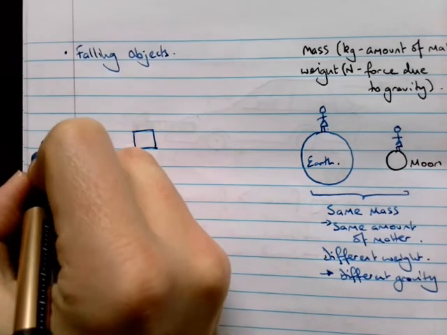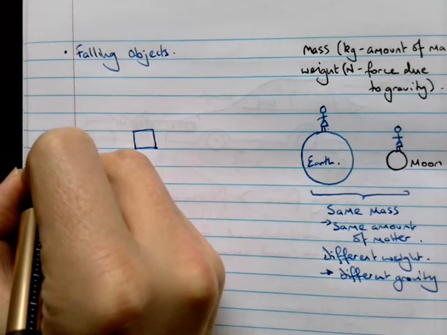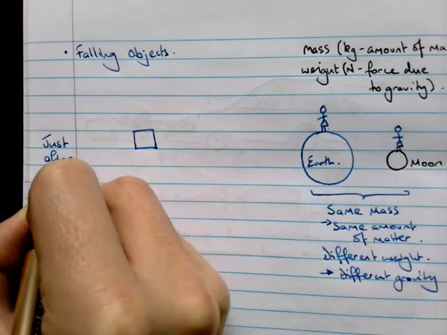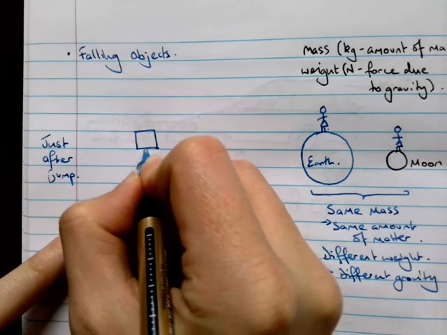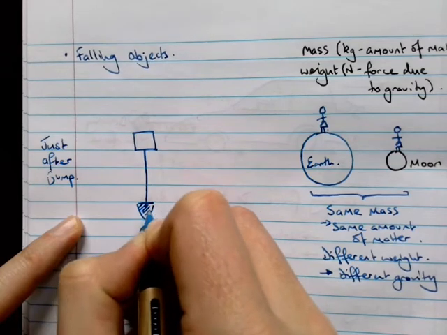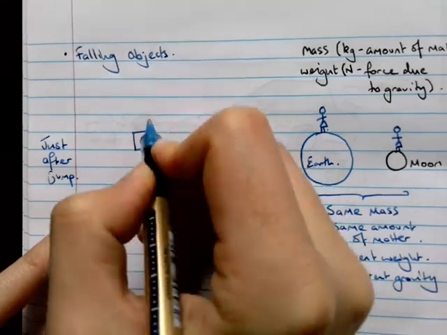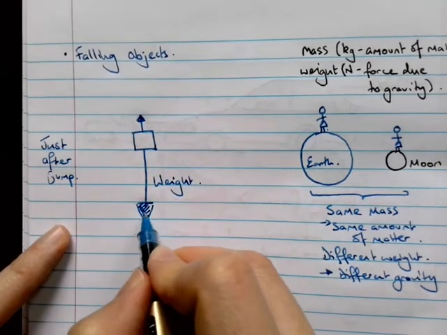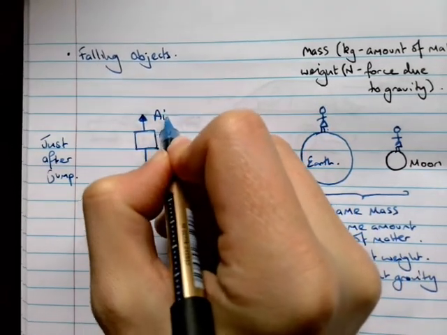Just after the jump, we have a really big force due to gravity, a really big weight, and we have a little force due to air resistance or drag.